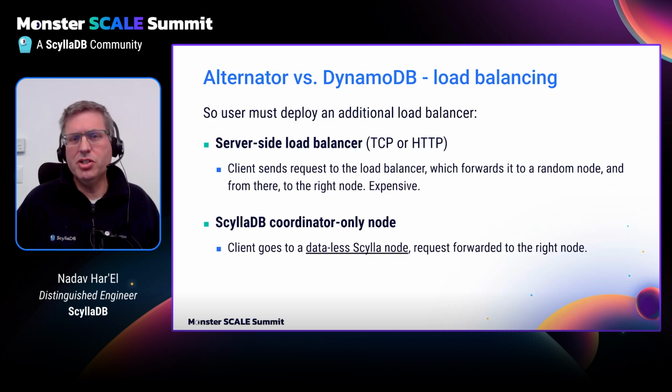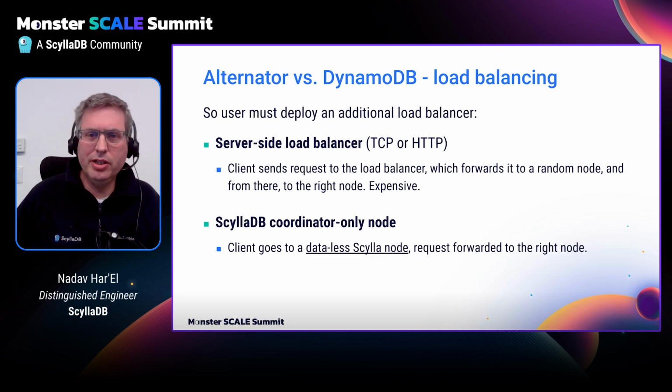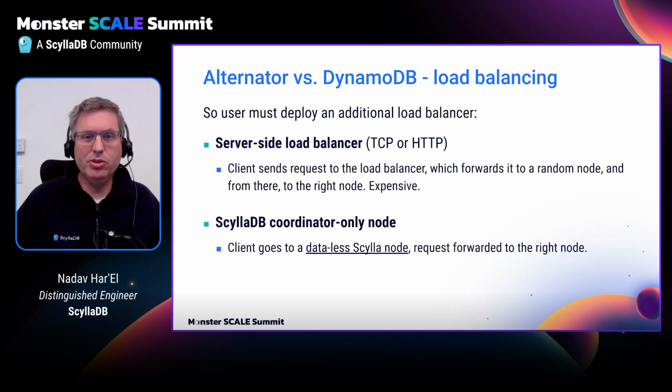Another server-side solution is to have, instead of a generic load balancer, Scylla itself serve as a load balancer. This is a Scylla coordinator-only node, a node that only coordinates the requests and sends them to the right place. So the client can go to this coordinator node, and the request is forwarded to the right node.